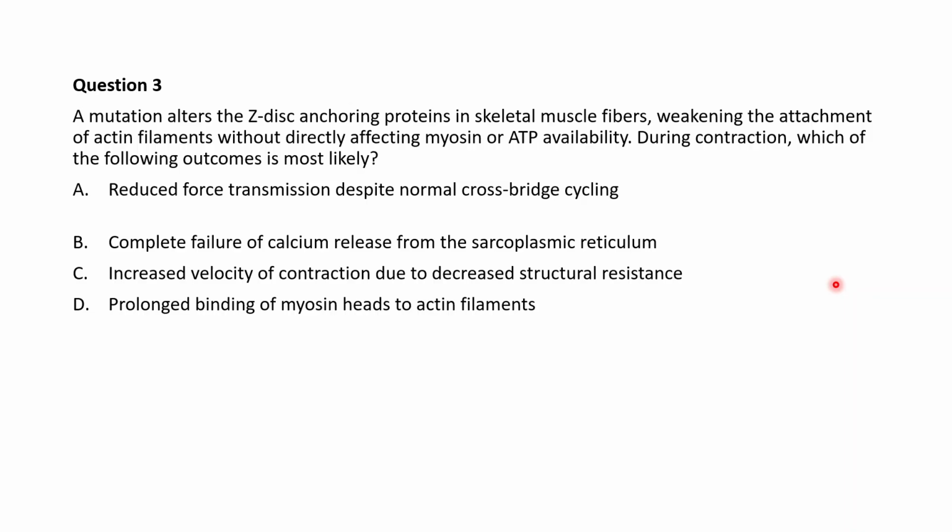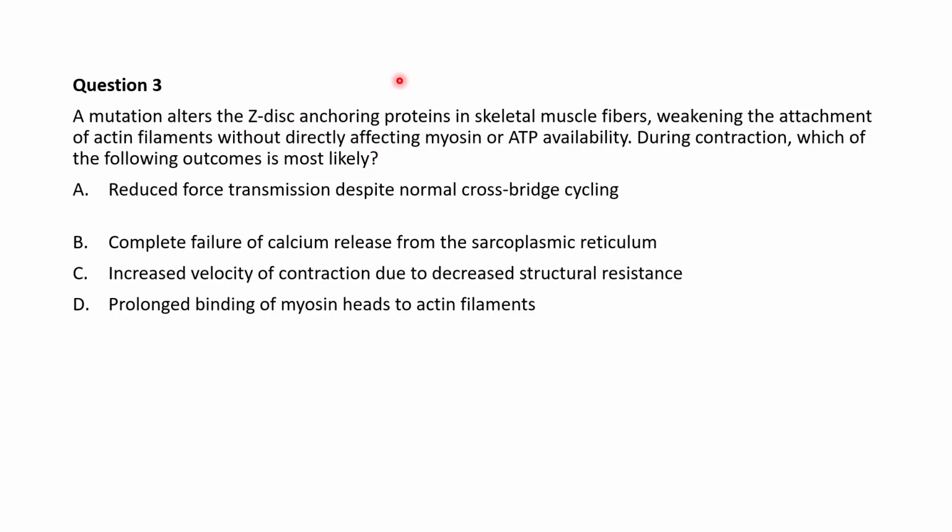The correct answer is option A, which is reduced force transmission despite normal cross-bridge cycling. So why is that? The Z disc anchors actin filaments and it's important for transmitting force across sarcomeres, and ultimately that will go to the tendon and so on.